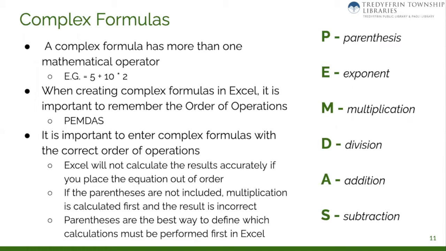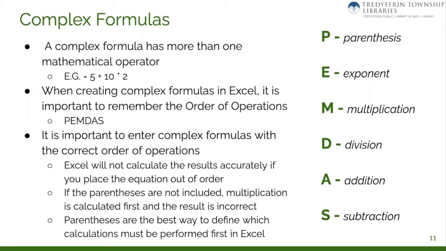When creating formulas in Excel, it is important to remember the order of operations, or PEMDAS. In high school, I remembered it as "please excuse my dear Aunt Sally," as a mnemonic device to remember the order of operations.